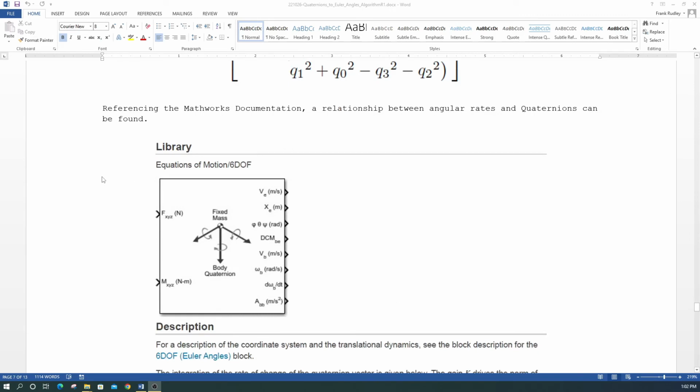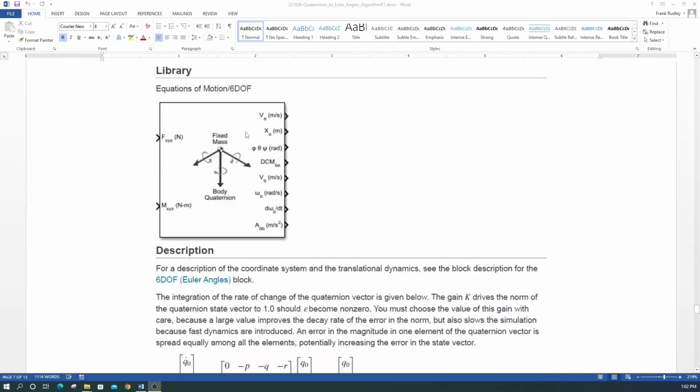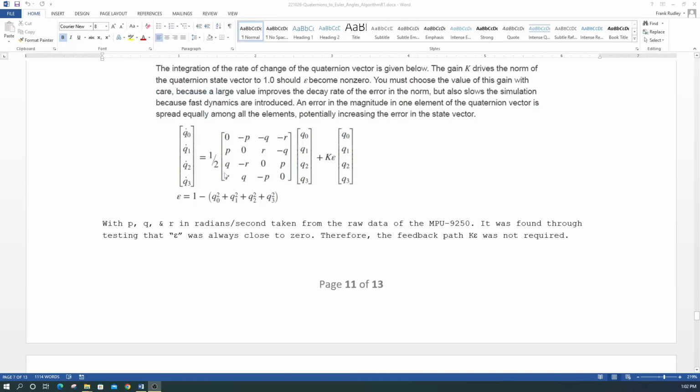So now I found some documentation from MathWorks that you can find in the public domain on the internet, in a library for, say, a 6 degree of freedom aircraft model using quaternions. It has this nice equation here.